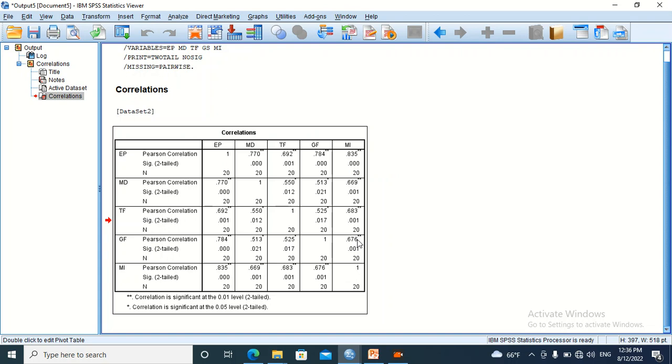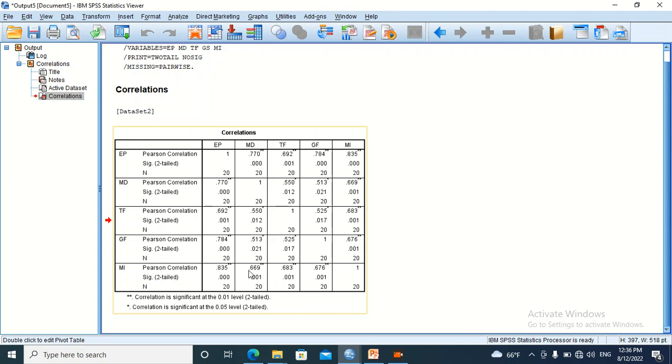Totally, the correlations between the dependent variable and independent variables, and between independent variables, are significant. Especially, the correlation is significant at the 0.01 level, two-tailed, and significant at the 0.05 level, two-tailed.